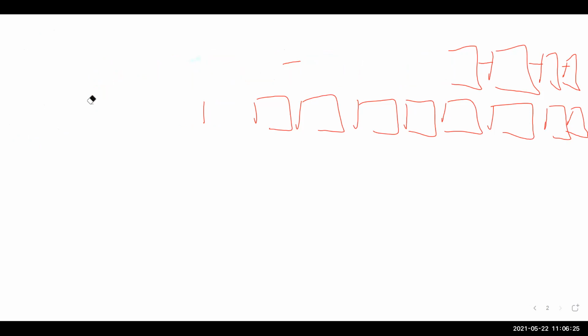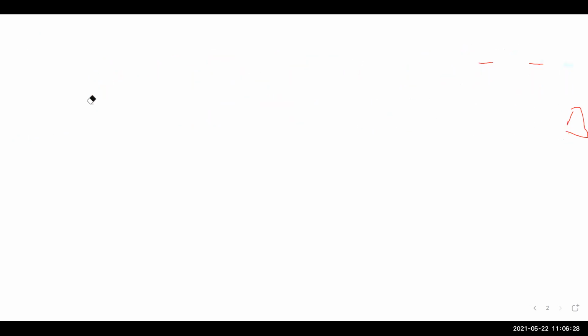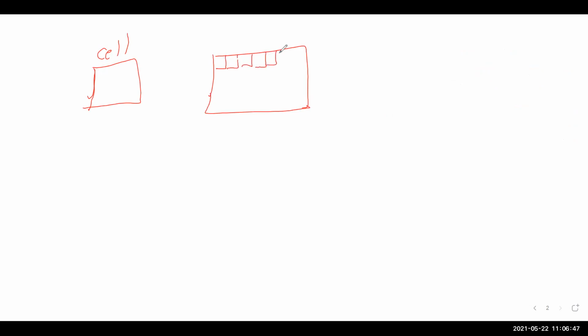Now, this is your cell. One particular single diode would be called a cell. Multiple diodes connected in series or in parallel, if a number of cells are collectively contained, is called a module.